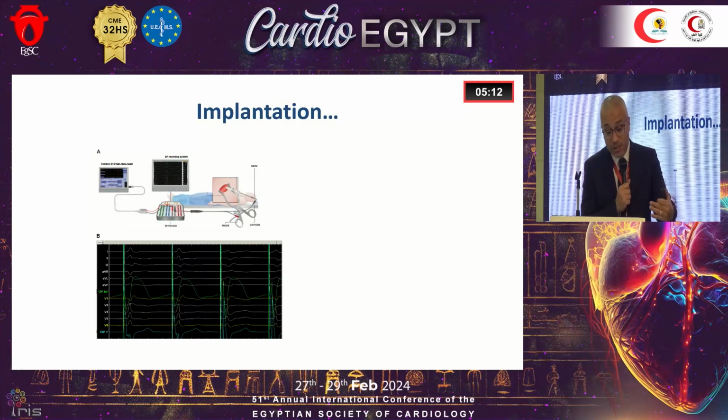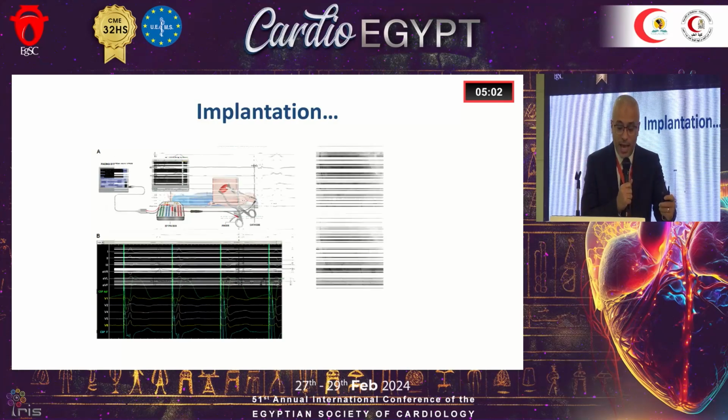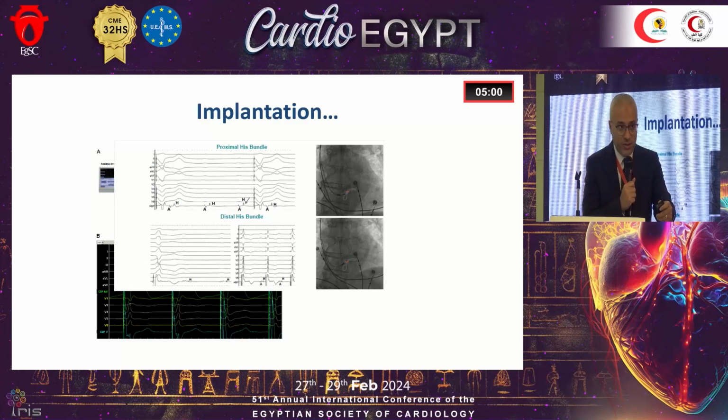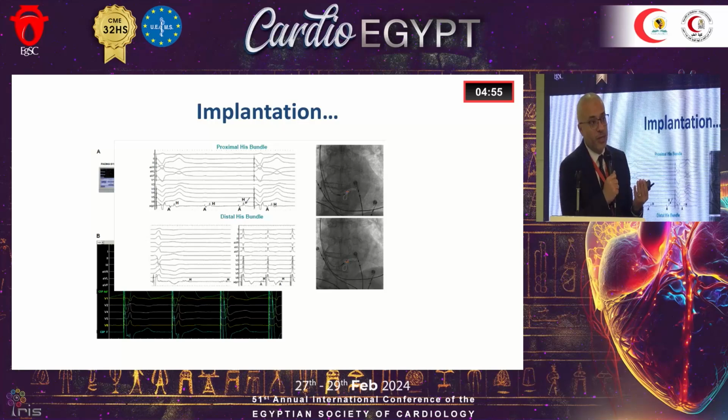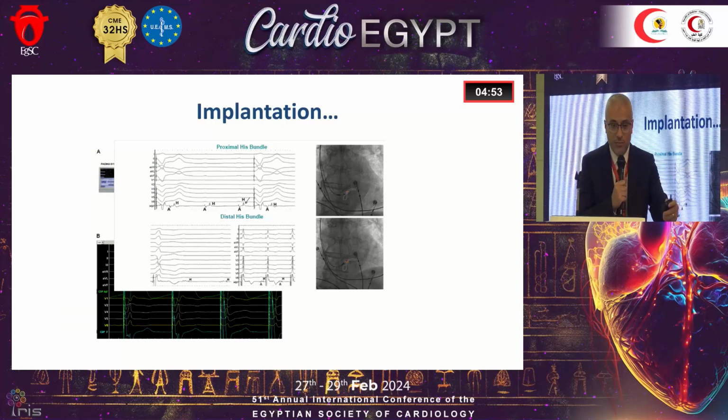And then we go for the implantation technique. In most of the centers, we need a working EP system in order to implant a left bundle area pacing, and you can depend on 12 lead ECG. So the first step in the His bundle pacing is to get the His bundle deflection, and then you place your lead. We have available here the Medtronic lead, the leadless lead.